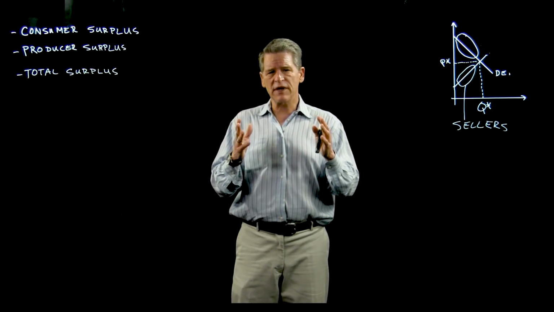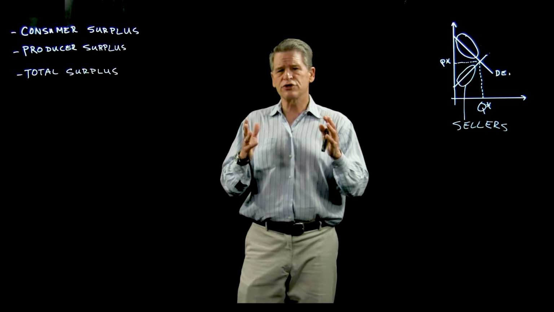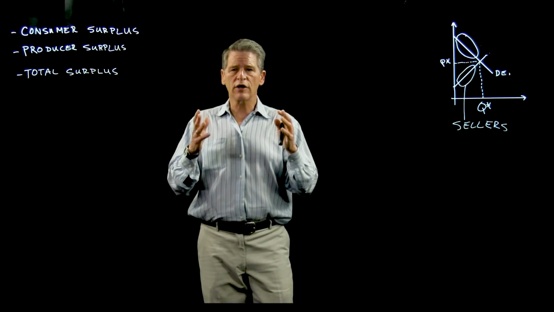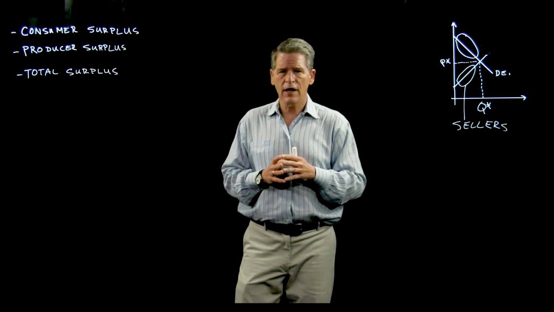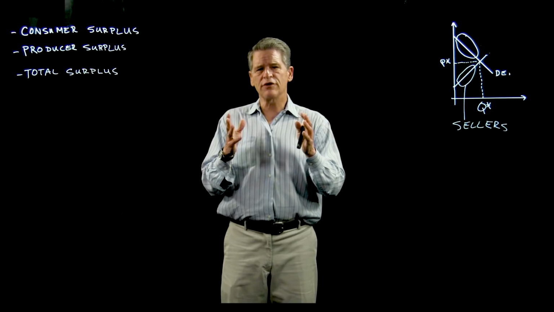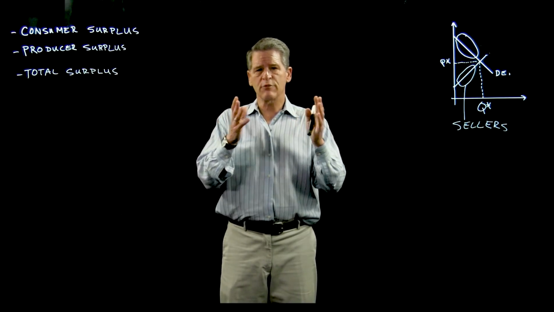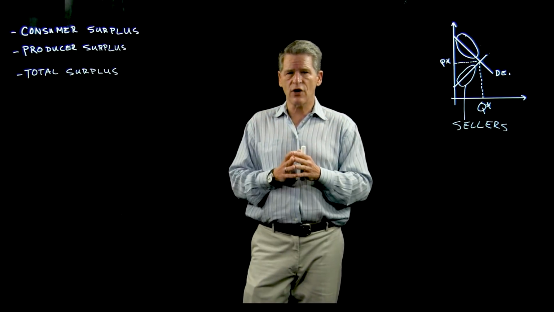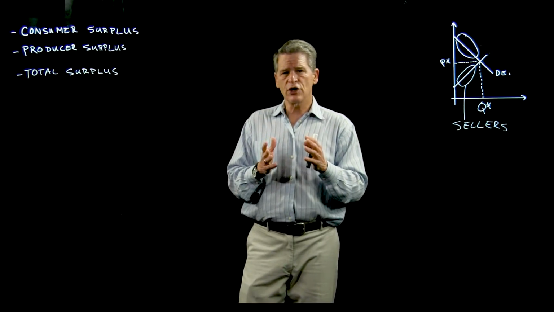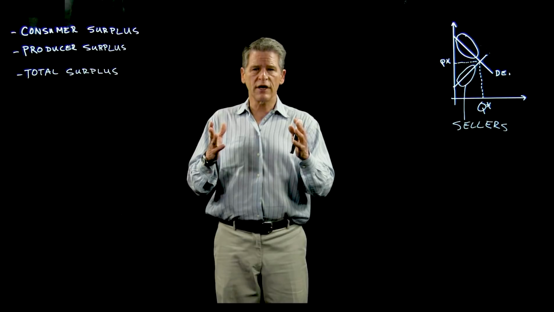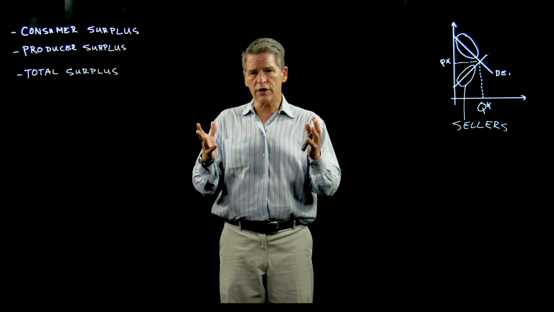We will then use these measures of surplus to determine how well competitive markets work. These tools will enable you to evaluate the impact of markets on consumers and producers and society as a whole. When we have finished, you will be able to determine how well a market is working.